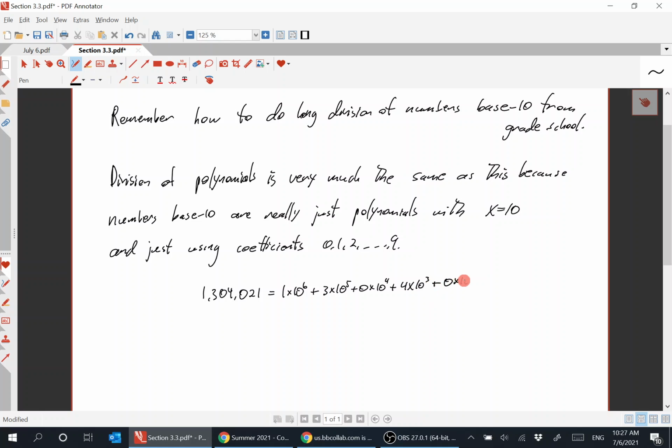Plus 0 times 10 squared, which is 100. Plus 2 times 10 to the 1 plus 1 times 10 to the 0. Right? That's a lot like x to the 6th plus 3x to the 5th plus 4x to the 3rd plus 2x plus 1.